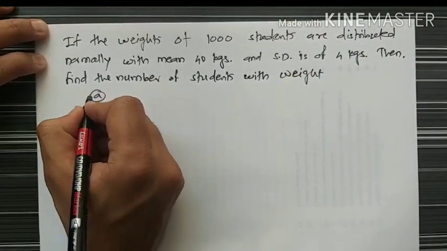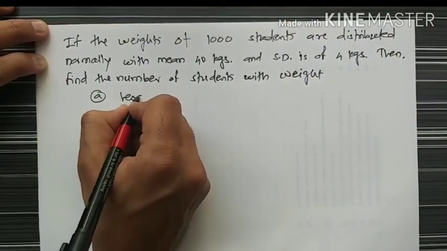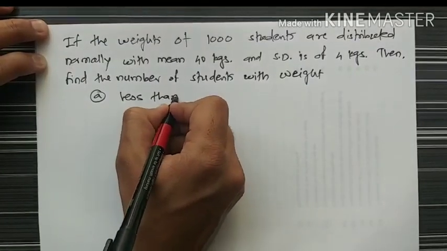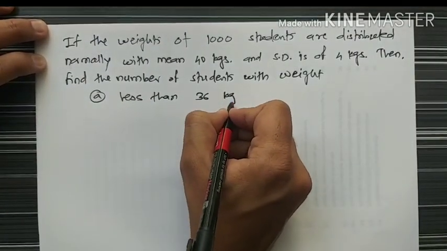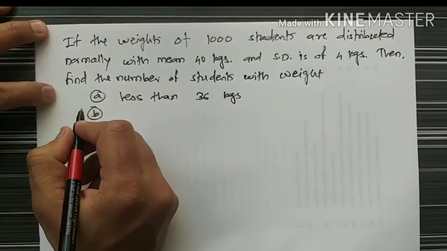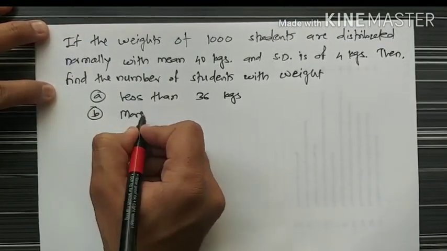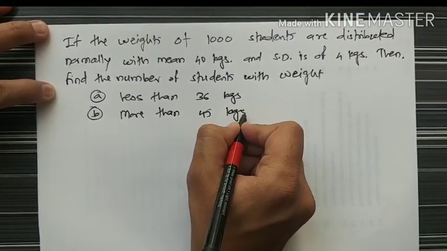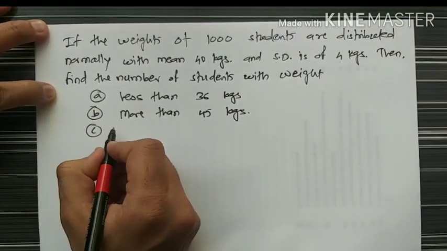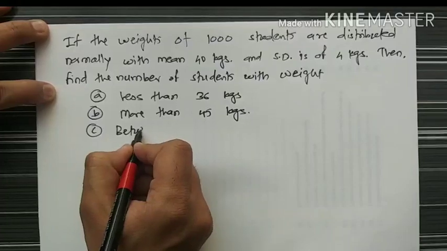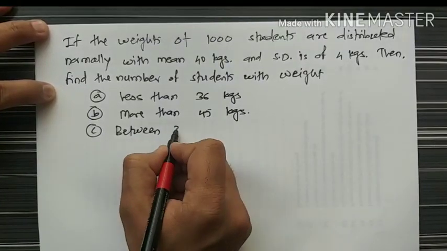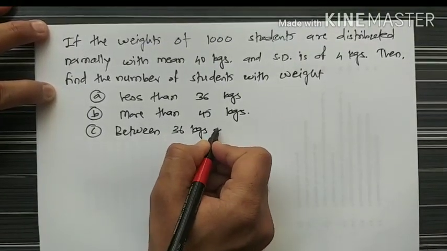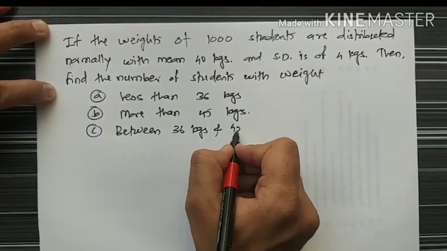First case is A, less than 36 kg, B, more than 45 kg, and C, between 36 kg and 45 kg.